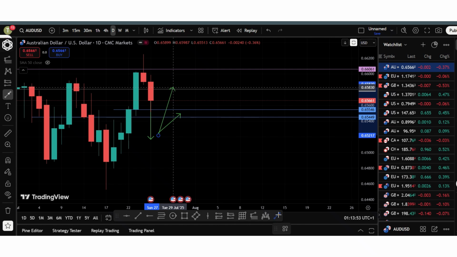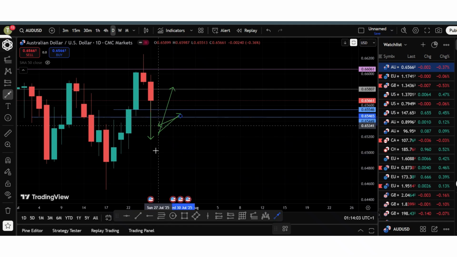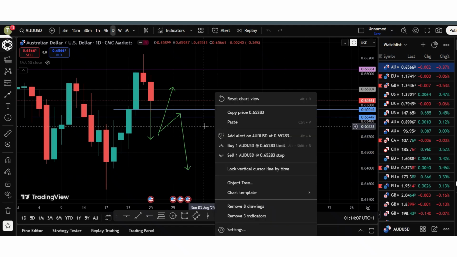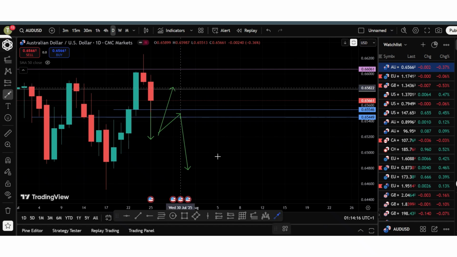Then I'd be expecting more downside. So I'd be expecting a crash of AUDUSD if this had happened. The daily candle, even though the weekly rejected these zones, still gave us a bullish significance, telling us that I'm not ready to go down yet.